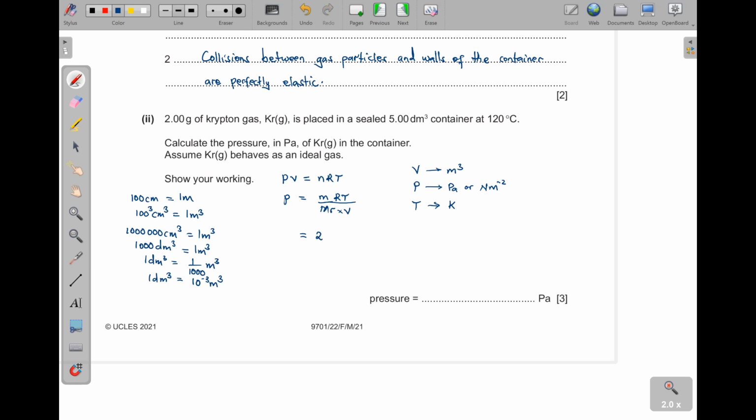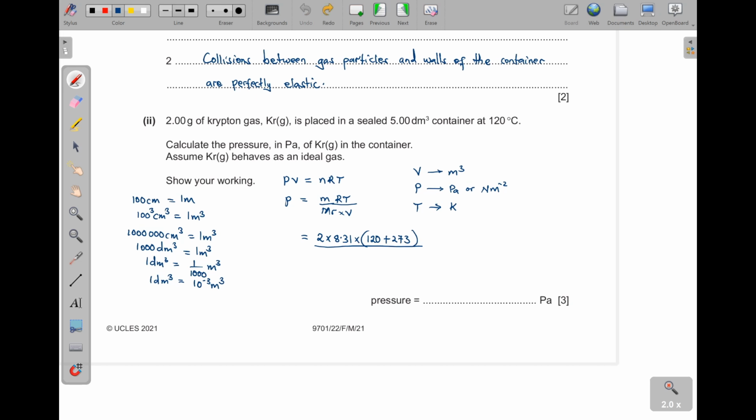The mass is given as 2. Then the molar gas constant is 8.31. Then the temperature, remember, is 120, so I will add 273 to convert it to kelvins. And then the MR, or for this case, the AR of krypton.